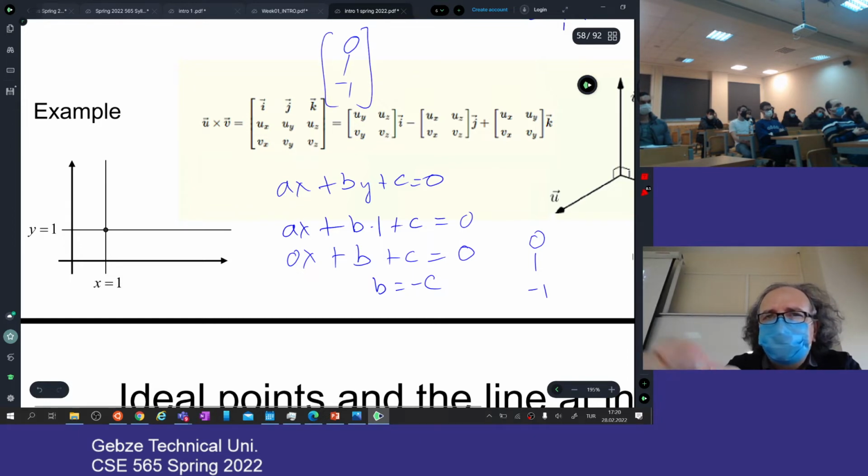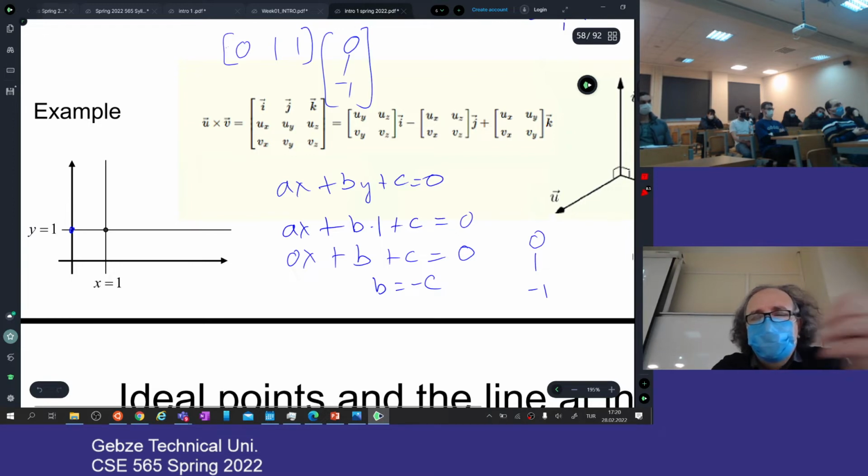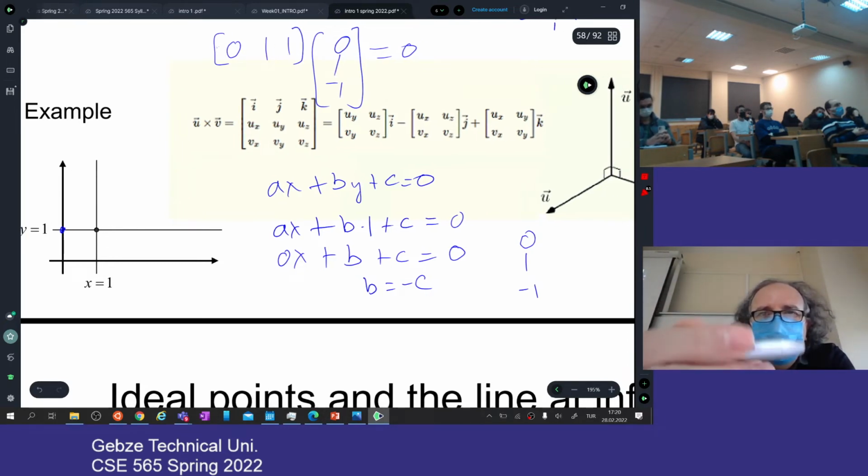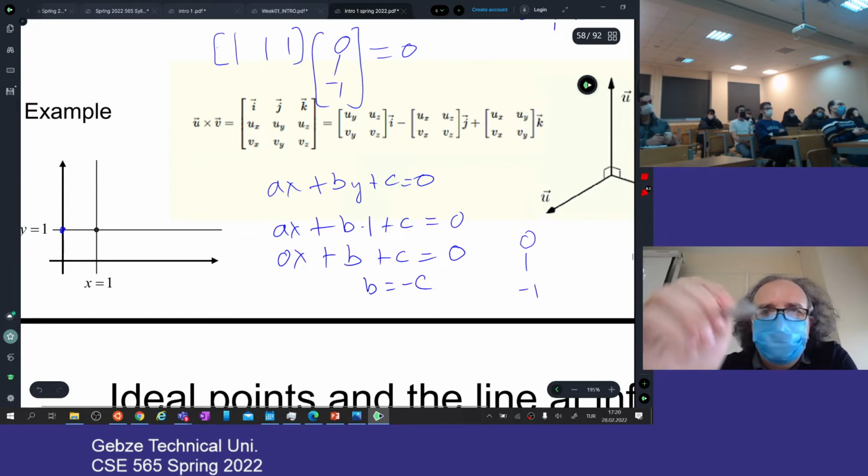Okay, multiply this with, let's look at this one. What is this point? Tell me that point. That point is x is 0, 1, and 1. Let's multiply it. It gets 0, right? Yes. That's correct. How about this one? Let's do it with 1, 1.